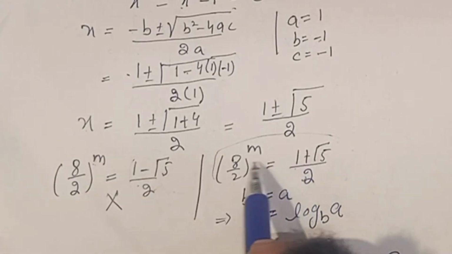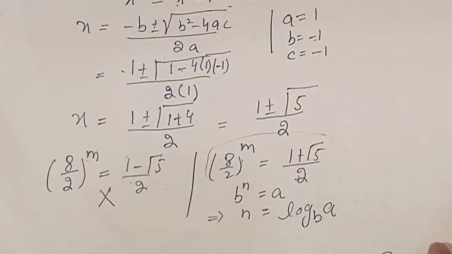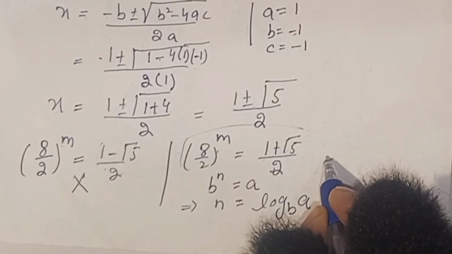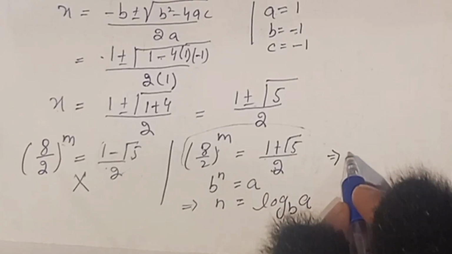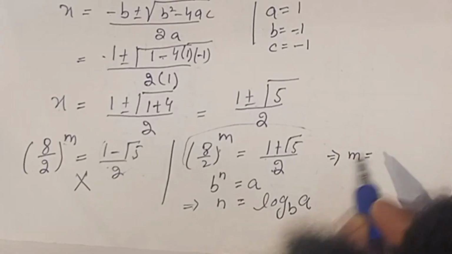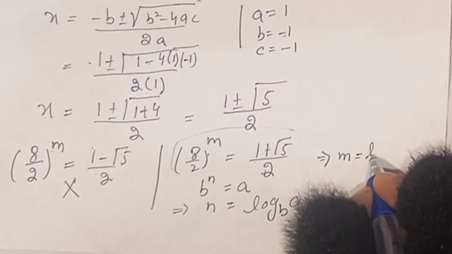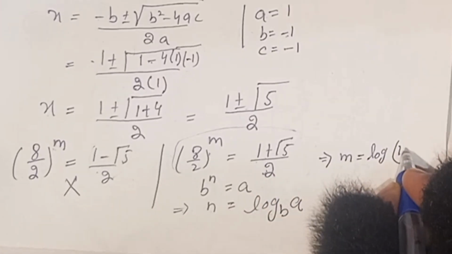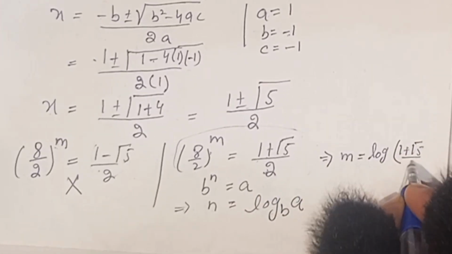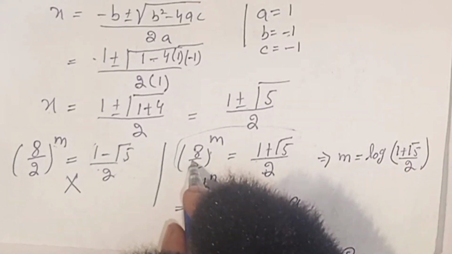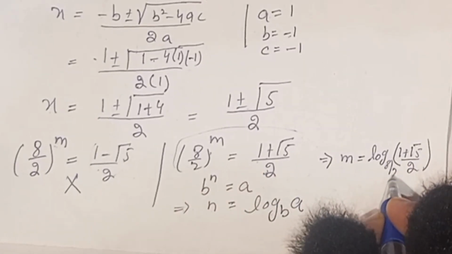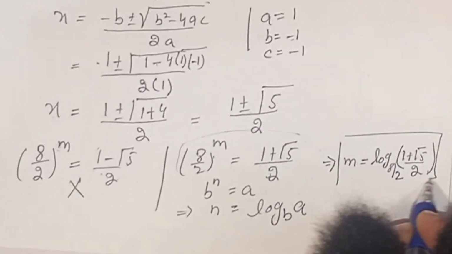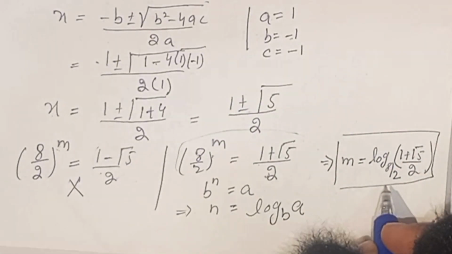So if we write this equation in log form using this identity, we can say that m is equal to log of (1 plus square root 5 over 2) with base 8 by 2. So this is the value of m in our question, and we have done.